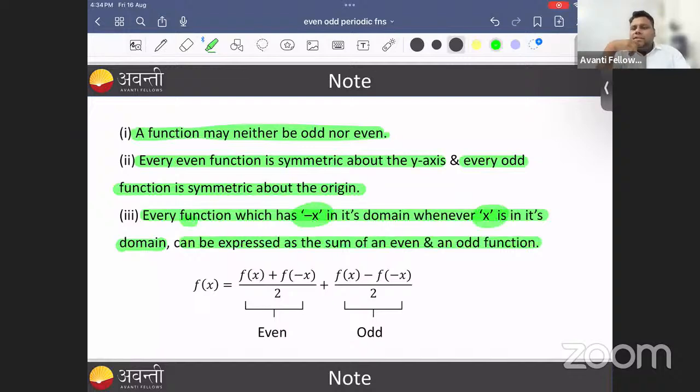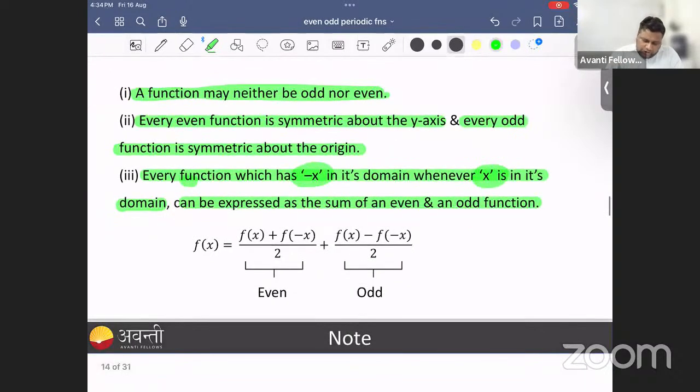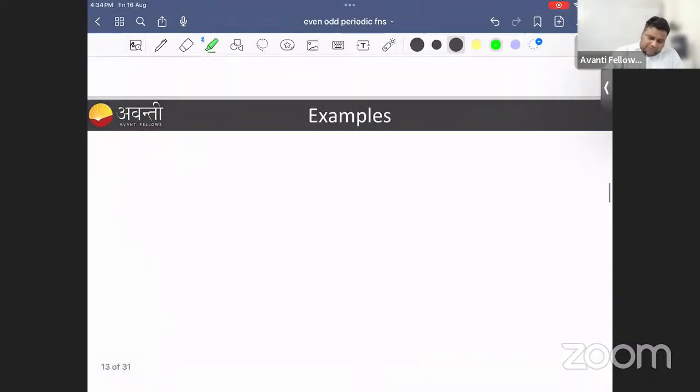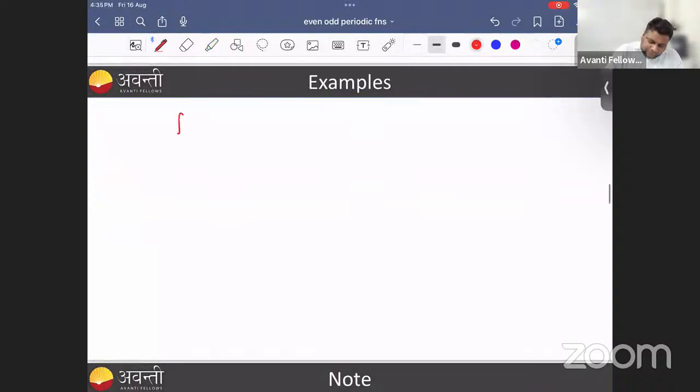Like in matrices you have studied, every matrix can be represented as the sum of a symmetric and a skew-symmetric matrix. Similarly here, every function can be expressed as the sum of an even function and an odd function. So how do we get it? If you have f(x), which is even or odd or neither even nor odd, you do what? You multiply by 2, you divide by 2.